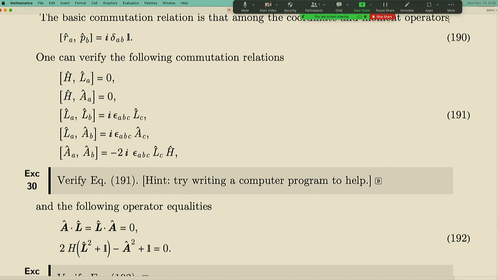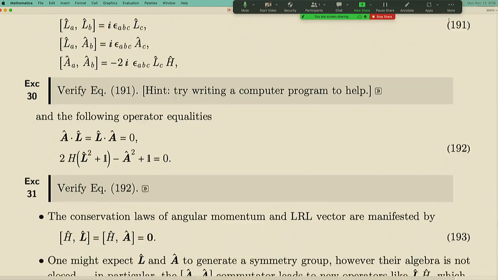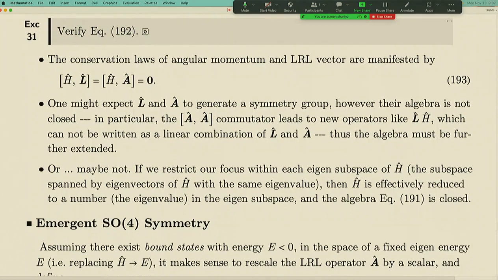And then we can see the L components, their commutation relation is like an angular momentum as expected. But the A vector does not behave like an angular momentum, but it almost behaves like some kind of angular momentum up to this nasty H. So people come up with the strategy that if L and A are conserved quantities, then we can focus on an eigenenergy subspace.